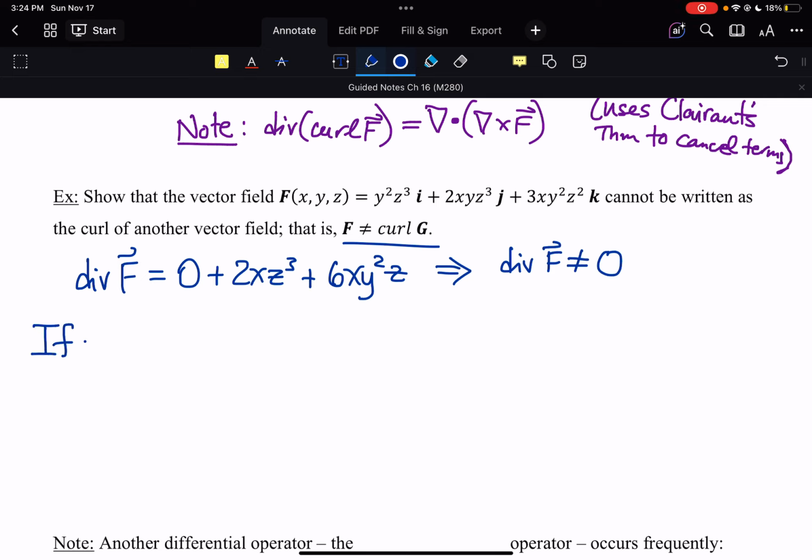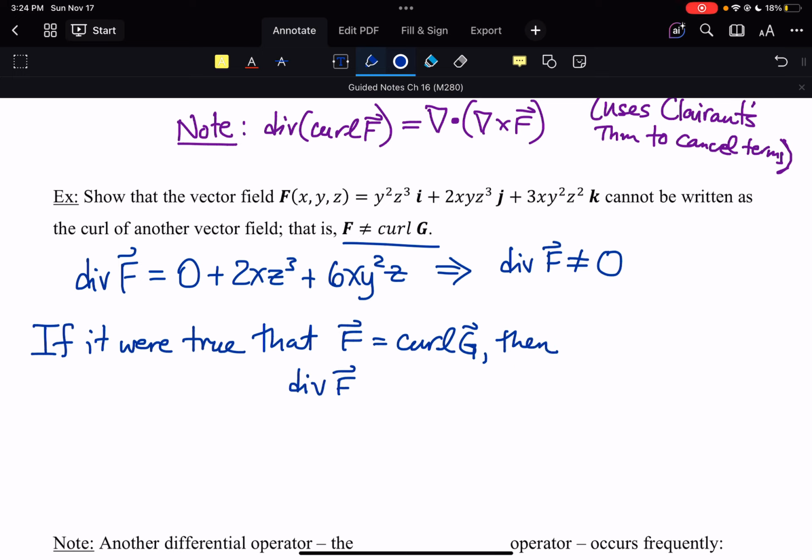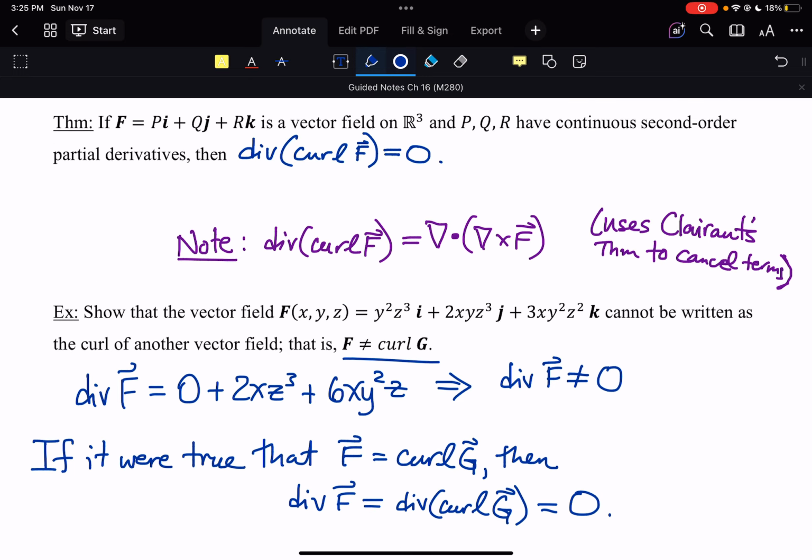So if it were true that f is equal to the curl of G, some unknown vector field, then the divergence of f would have to be equal to the divergence of the curl of G, but the divergence of the curl of G would have to be 0. All right, because that's what this theorem back up here told us.